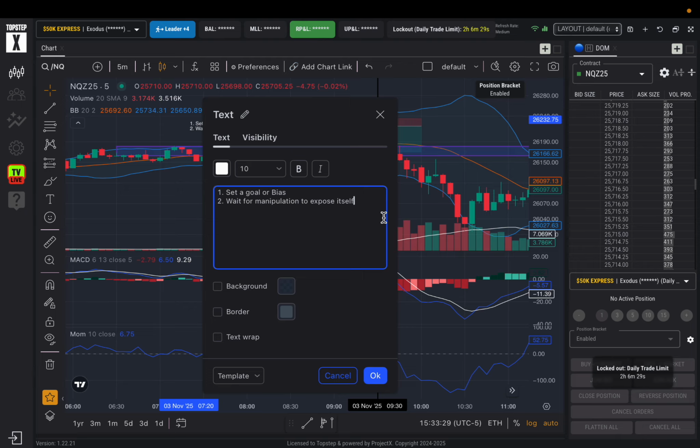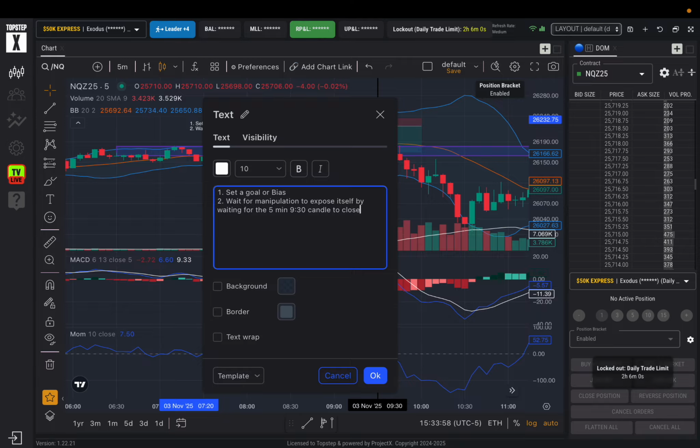So always wait for manipulation to expose itself, which usually happens by waiting for the 5 minute 9:30 candle to close.